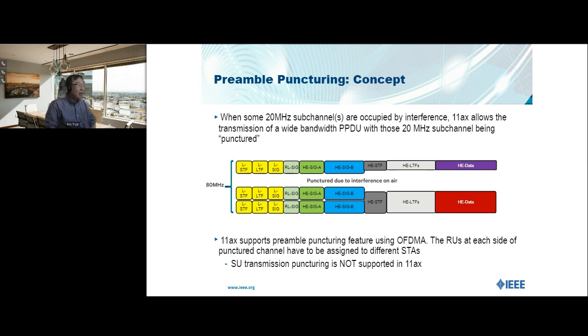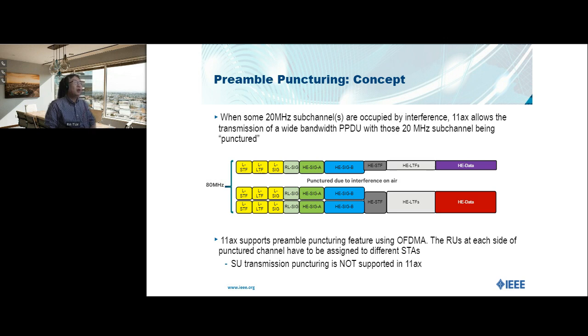I want to emphasize that 11ax only supports the preamble puncturing feature using OFDMA. In other words, we have to assign the RUs in this drawing, at each side of the punctured channel, to different stations. So it treats this as an OFDMA transmission.